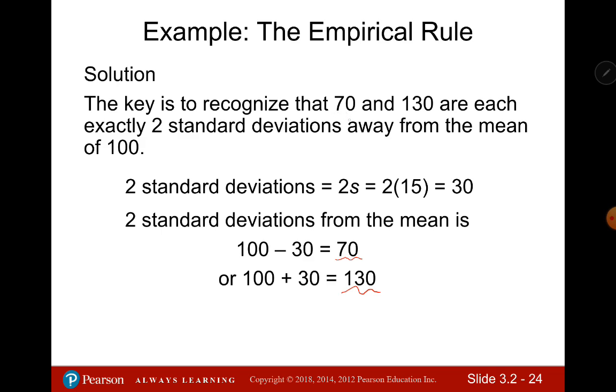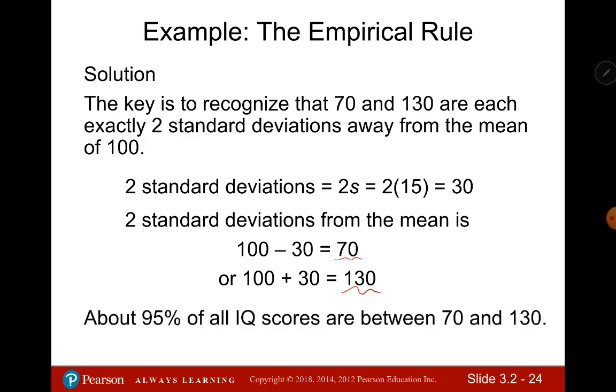So the scores 70 to 130 are 2 standard deviations away from the mean, which means 95% of the values are between these two numbers by the empirical rule.